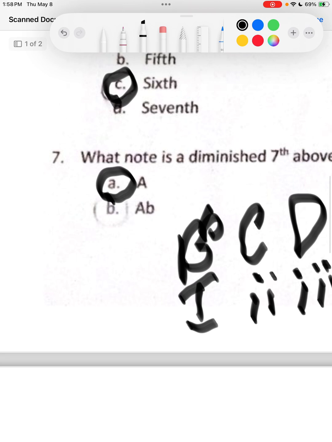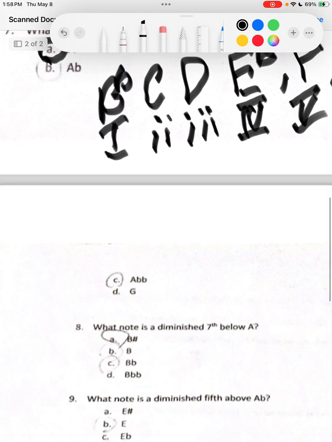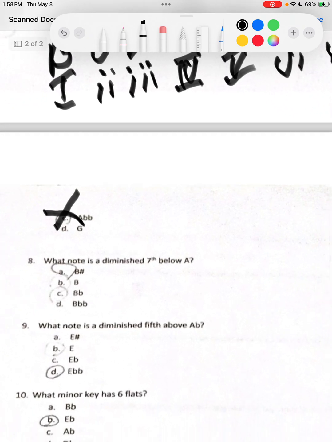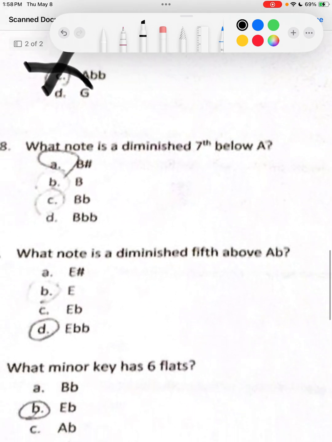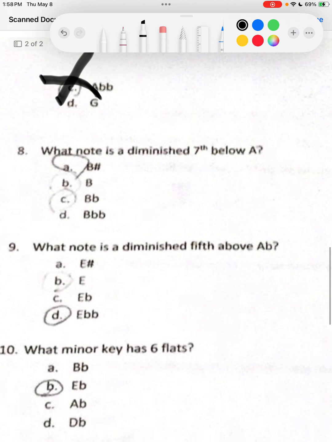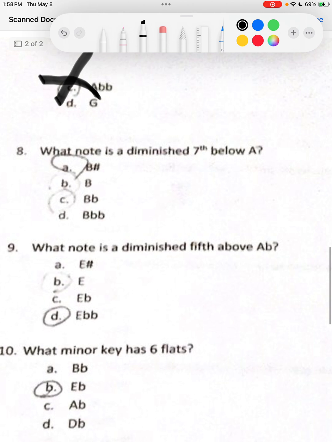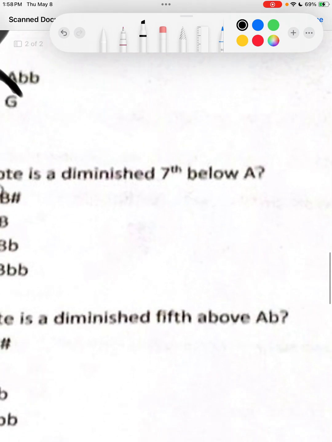That's the only answer that makes sense in that one. The rest of these don't make sense. Yes, I'm criticizing it on Quest. What is the diminished seventh below it? Oh, damn. Below A. Oh, God. Okay, so A major.